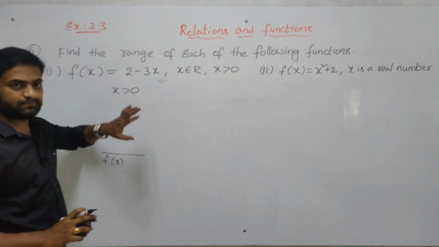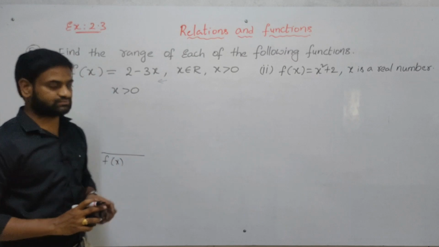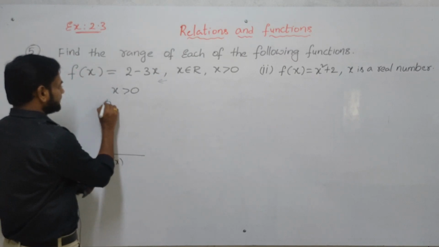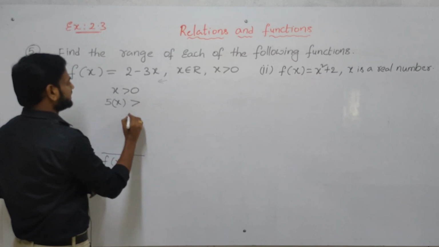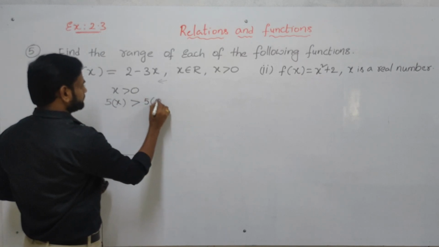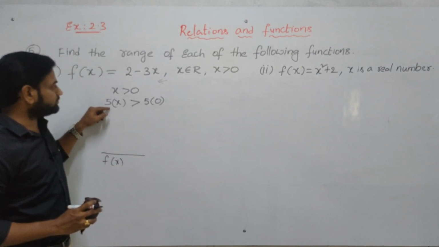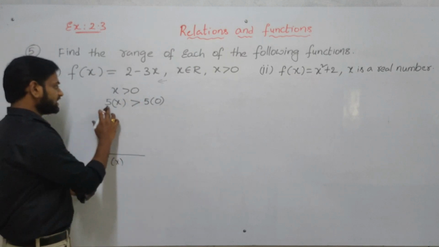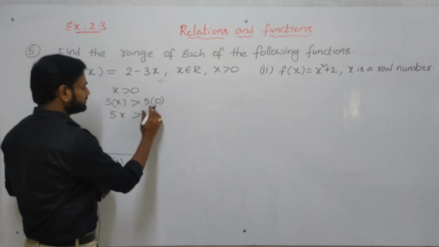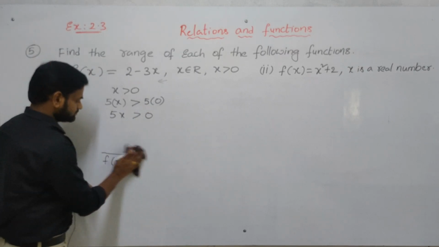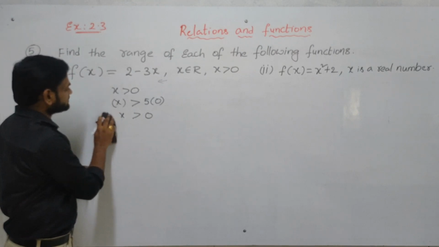Suppose if you have 5 here, multiply with 5 on both sides: 5 into x greater than 5 into 0. Sorry, here it is not 5, it is 3.